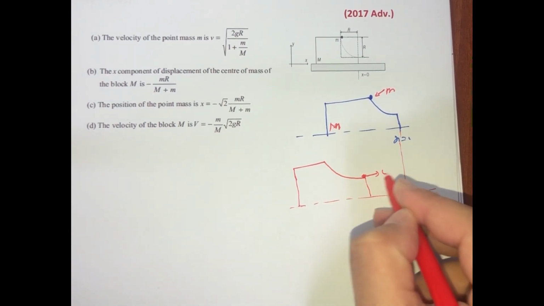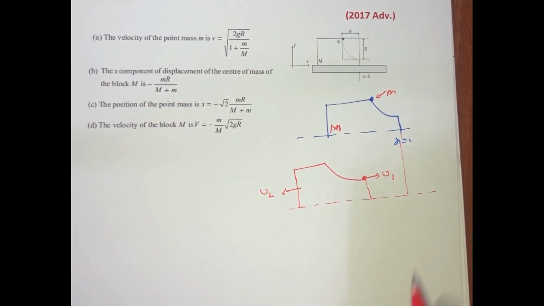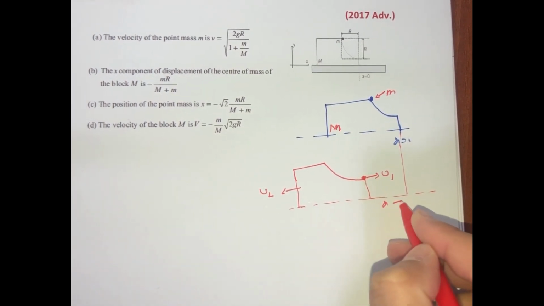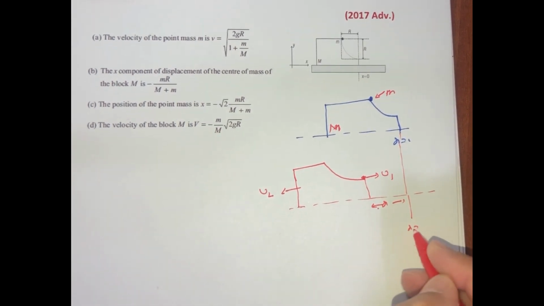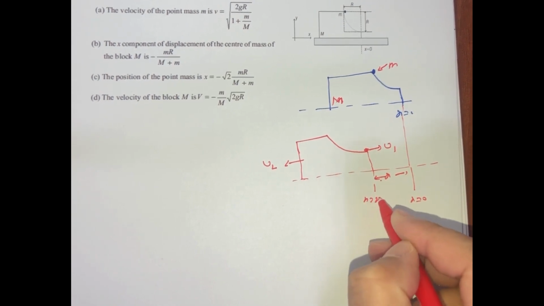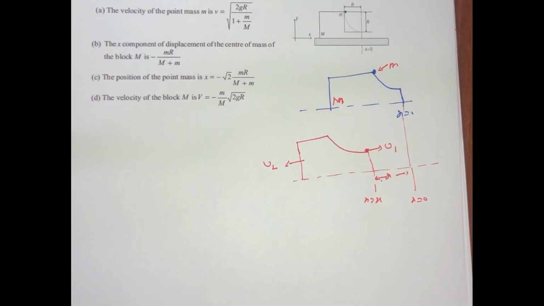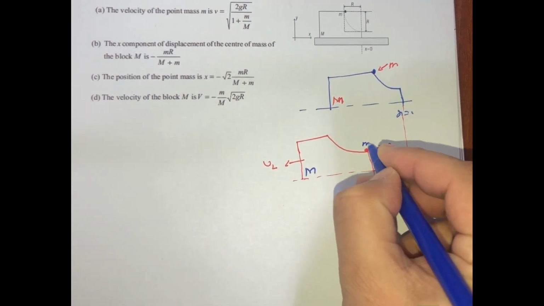Let us suppose its velocity is v1, this velocity is v2, and the distance moved is x. So this is x equals 0 and this is x is equal to x. So this is the coordinate system, and we have a mass capital M and this mass small m.